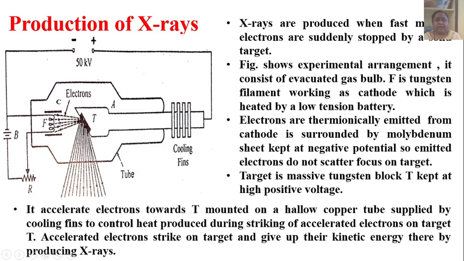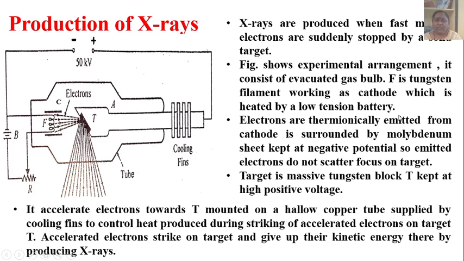Now the target is a massive tungsten block T kept at high positive voltage. It accelerates electrons towards T, which is mounted on a hollow copper tube supplied with cooling fins to control the heat produced during striking of accelerated electrons on the target. When the switch is on, see here, then the filament is heated, and from this heating coil, electrons are emitted.